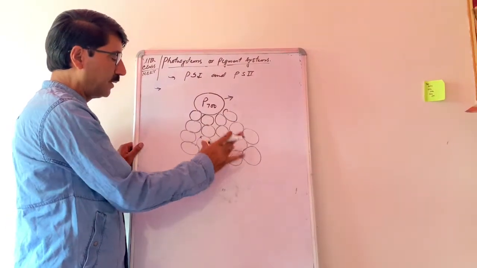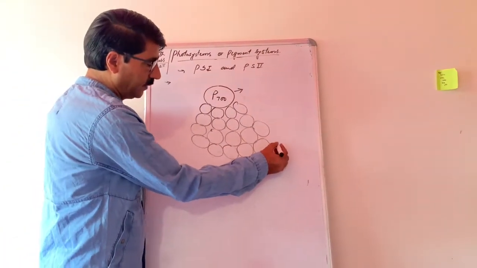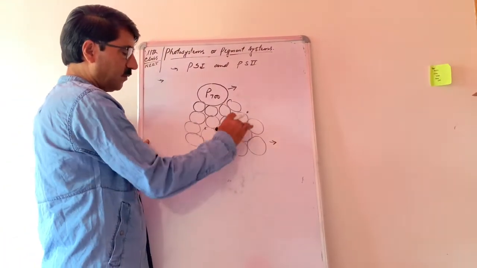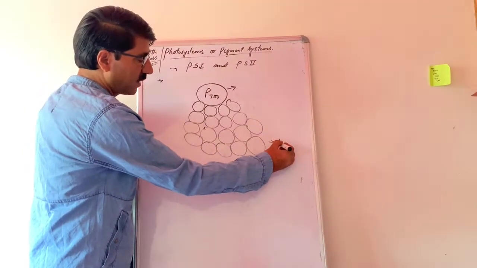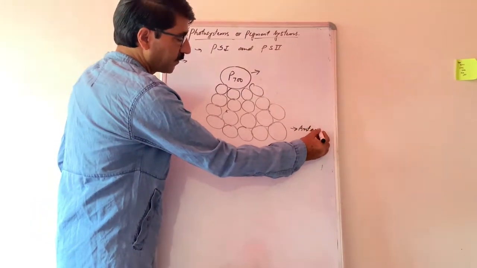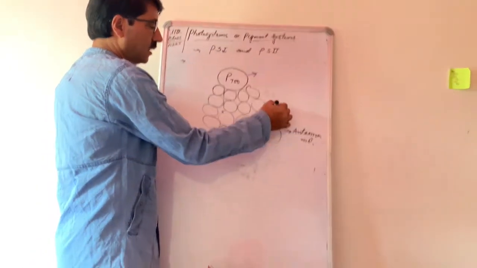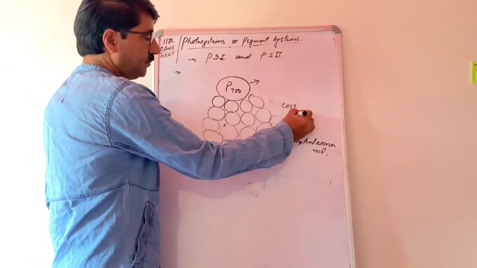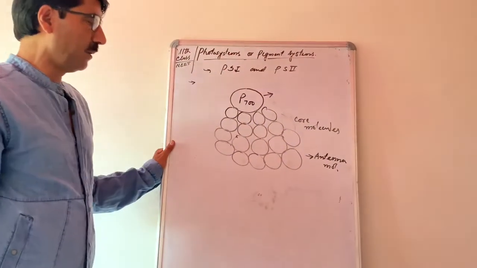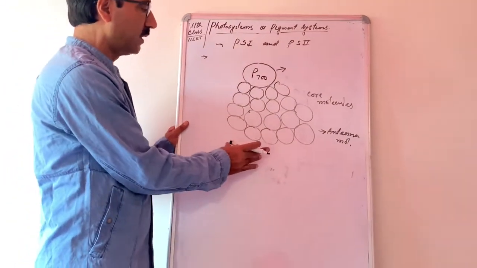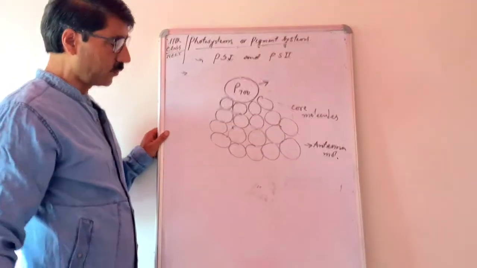There are other pigment molecules associated with it. These are of two types. The group which remains outside are called antenna molecules, and these are the core molecules. In this way a system of pigments is formed.